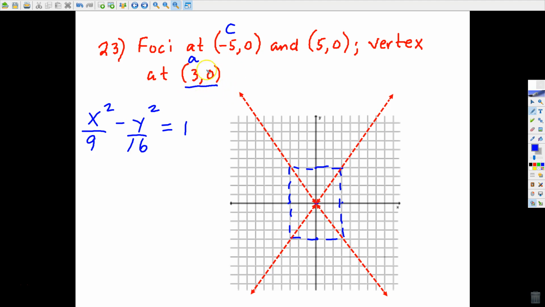We should be crossing 3, 0 and -3, 0. And then we'll finish it off by putting in the focal points. -5, 0 is a focal point, and that means 5, 0 has to also be a focal point.